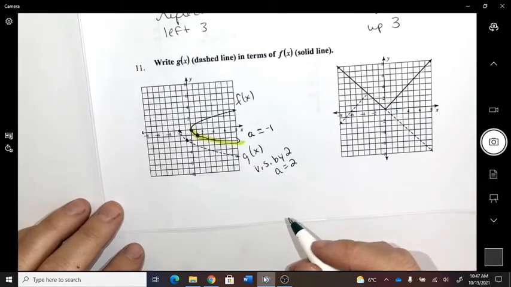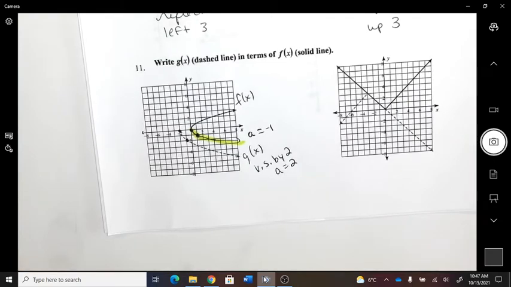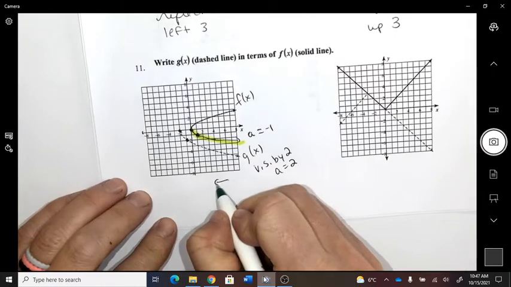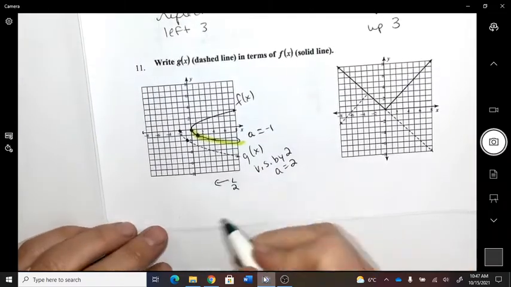And now we can go into our shift mode. I think we're done with that stuff. We have shifted left 2.